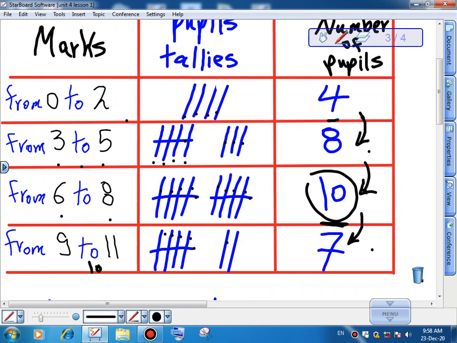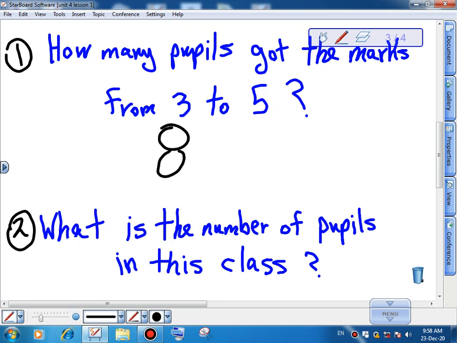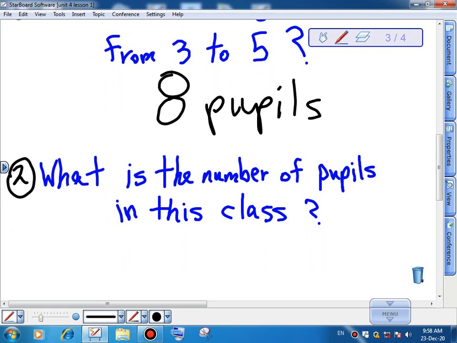I look to the table, at the data that the question gave me, 3 to 5. How many pupils get that number? The marks 3 to 5, it's only 8 pupils. So the answer here, 8 pupils.